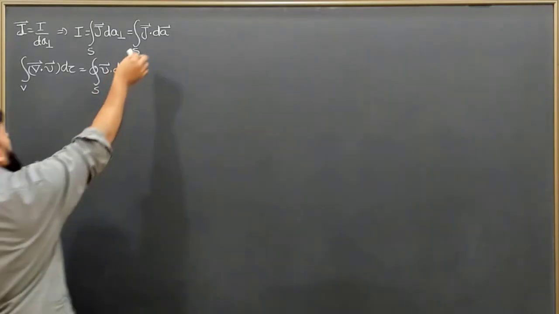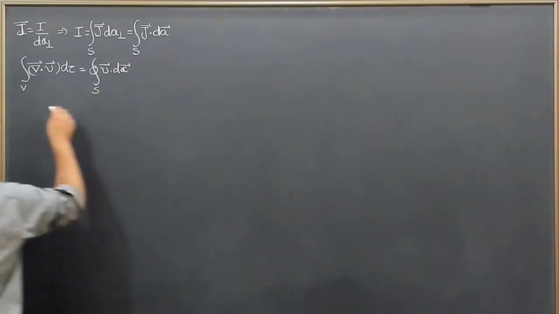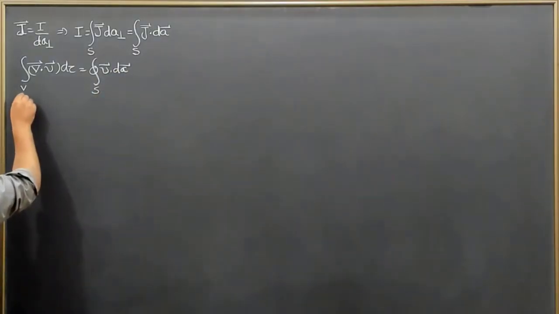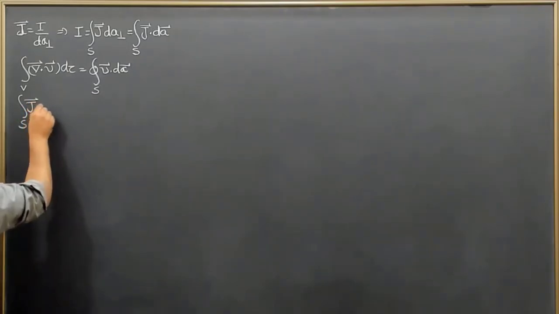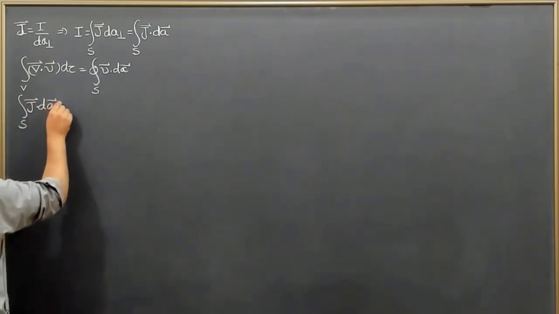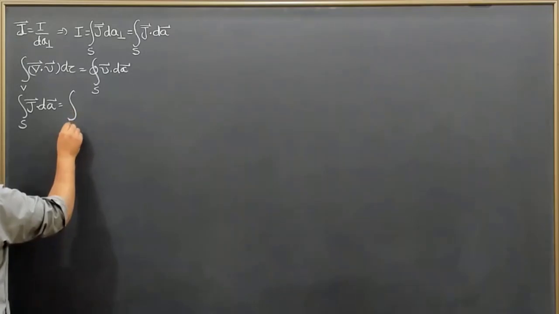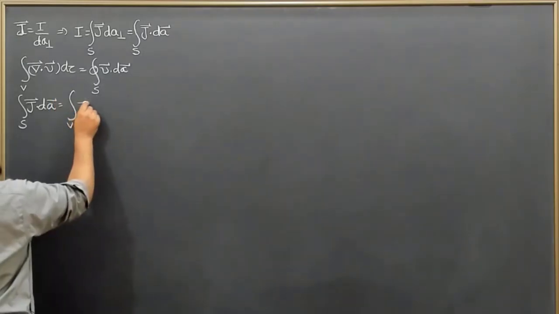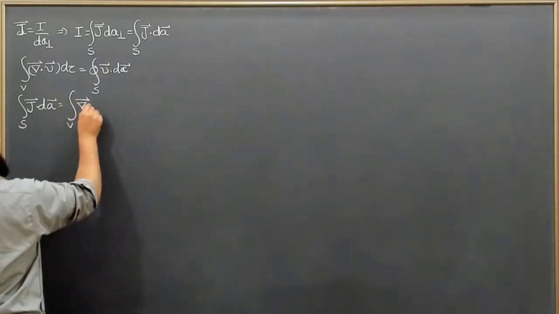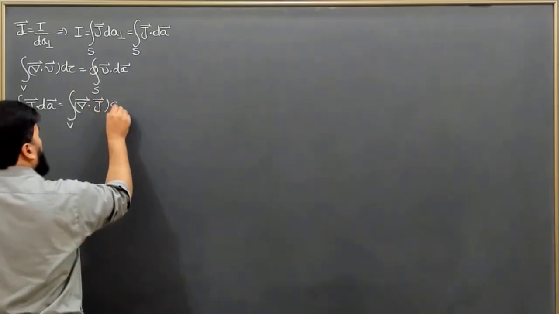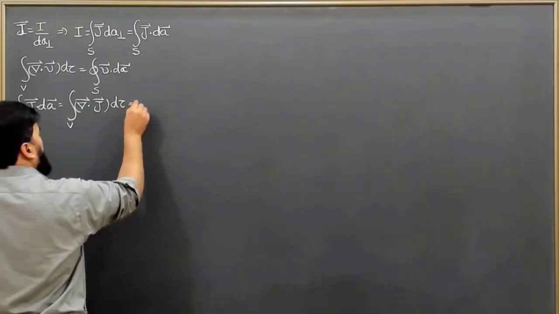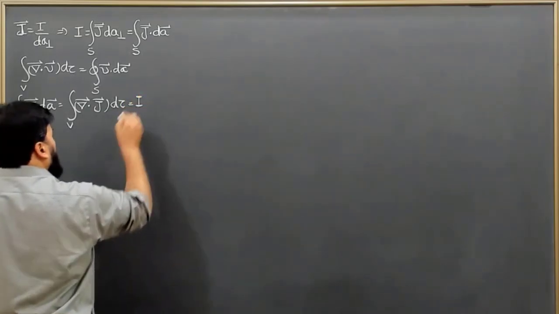So applying it on this one, we can write that J dot dA is equal to the volume integral of the divergence of J dτ, and this is equal to the current.